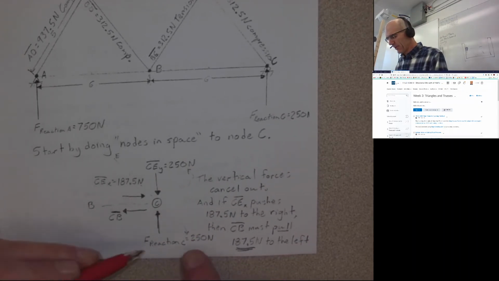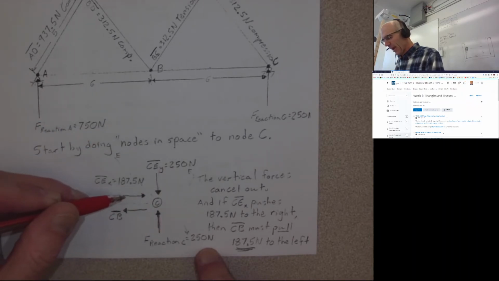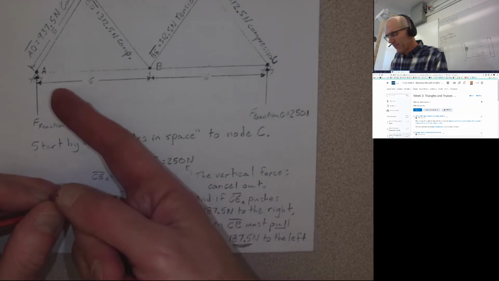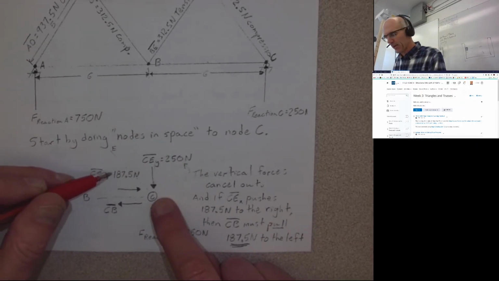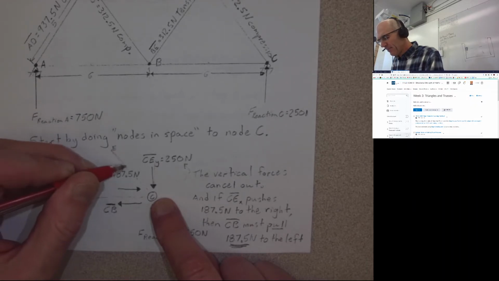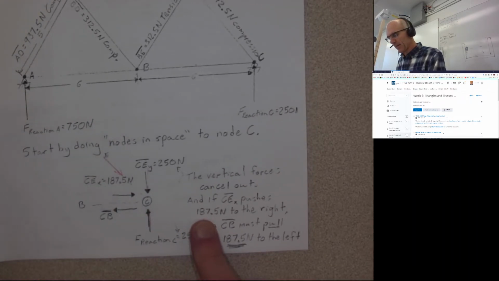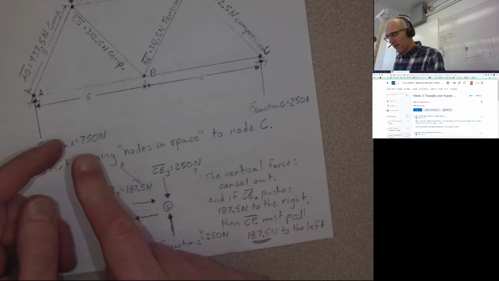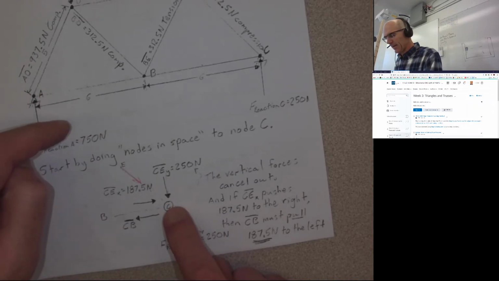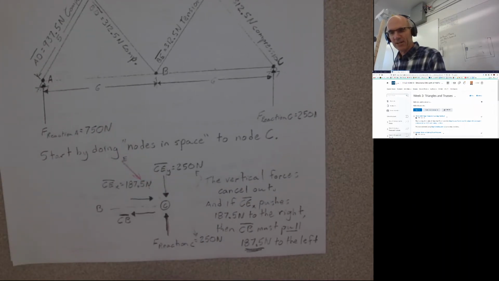And we've balanced out reaction force C with the vertical force. And since there was a compressive force pushing up this way with a horizontal component of 187.5, that means that this is also pushing down this way, okay? Because keep in mind, if node E is being held up by node C, then node E is pushing down on node C as well, okay?